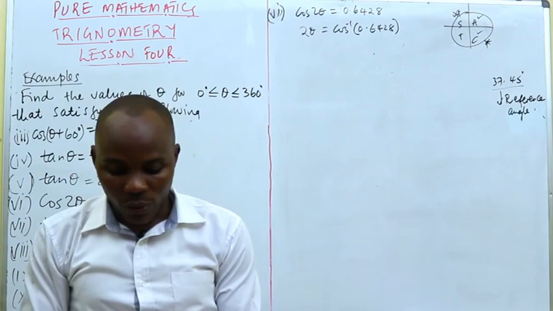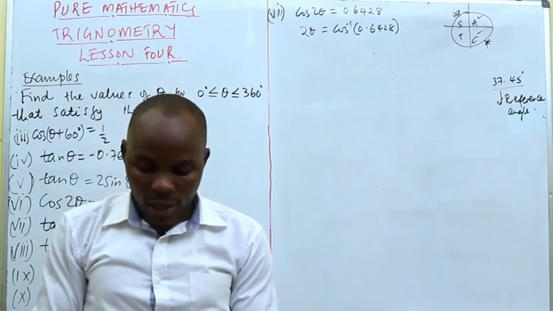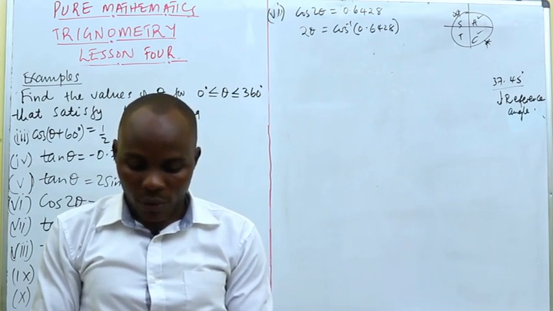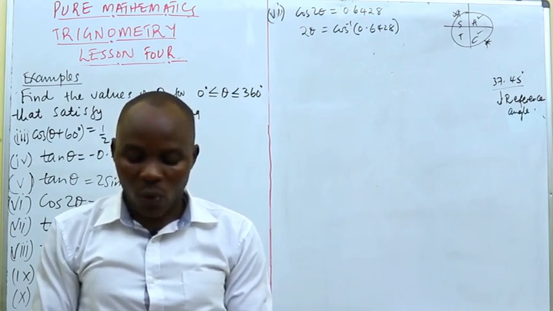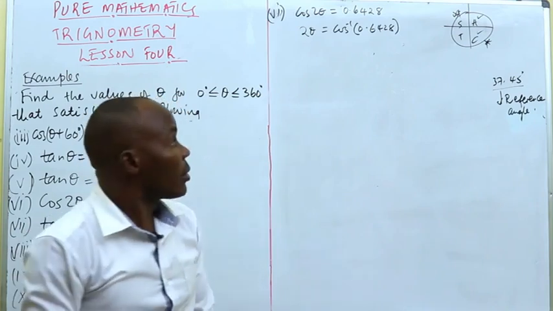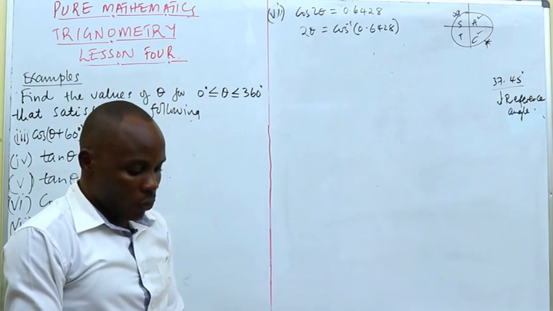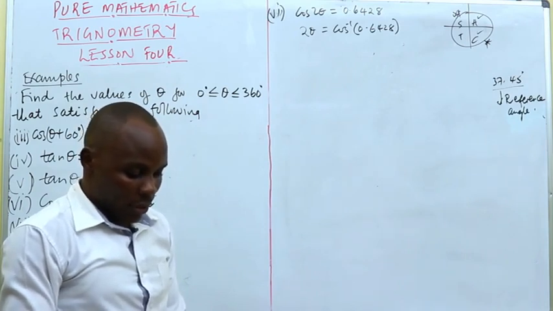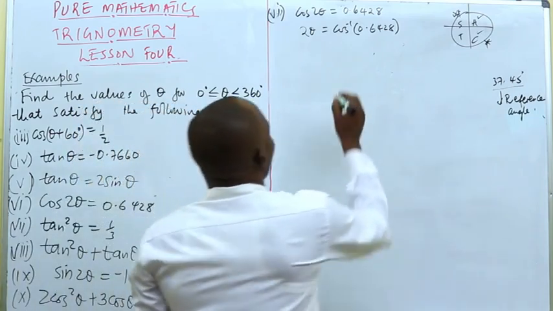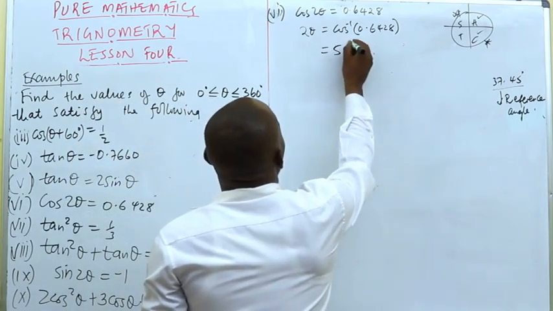So you'll come to your calculator and you press the arc cos of 0.6428, which will give you 50 degrees.